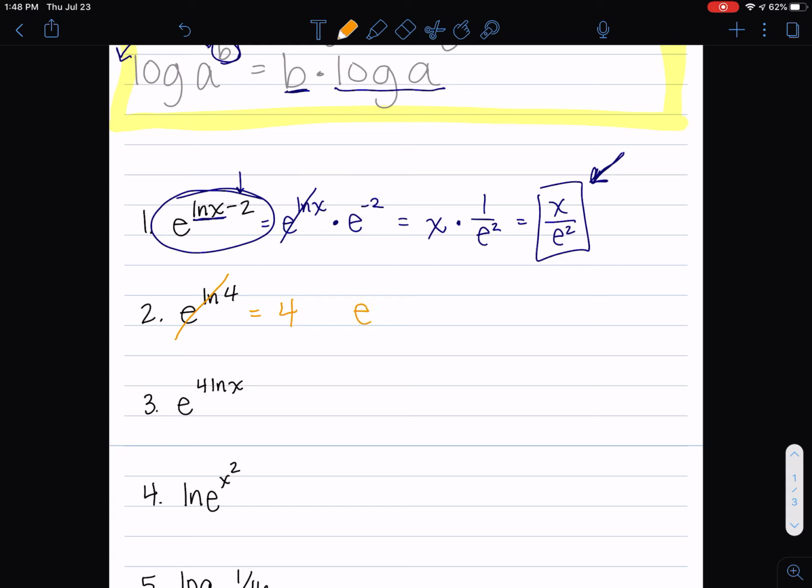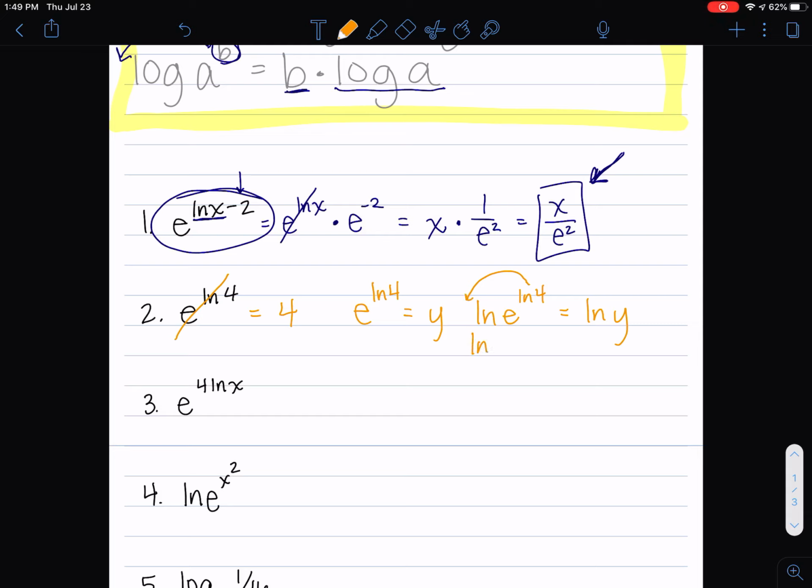If I say e to the natural log of 4, let's just say that equals y for right now. Okay, we're just going to make it y. If I take the natural log of both sides, the natural log of e to the ln of 4 equals the natural log of y. I just put a natural log on both sides, so my equation's still balanced. Remember, with exponents, we can bring this out in front.